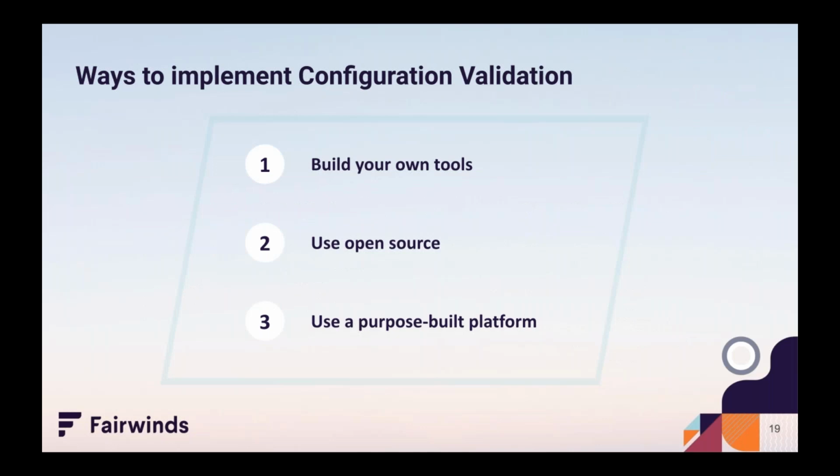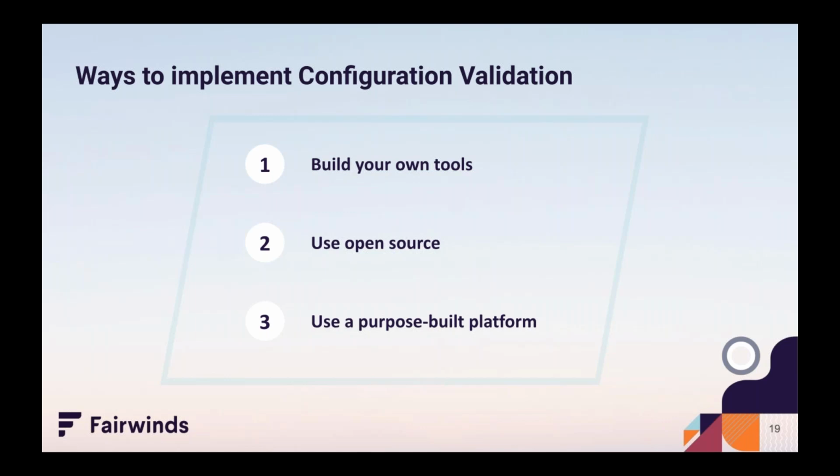So given that process, we wanted to share a few different paths forward. The first path that we've seen organizations take is building their own tools. And this can be a very important step, especially if you have nuanced or specific requirements that you need to be able to validate against. Fortunately, though, as I mentioned, the Kubernetes ecosystem is powered by a lot of great open source.